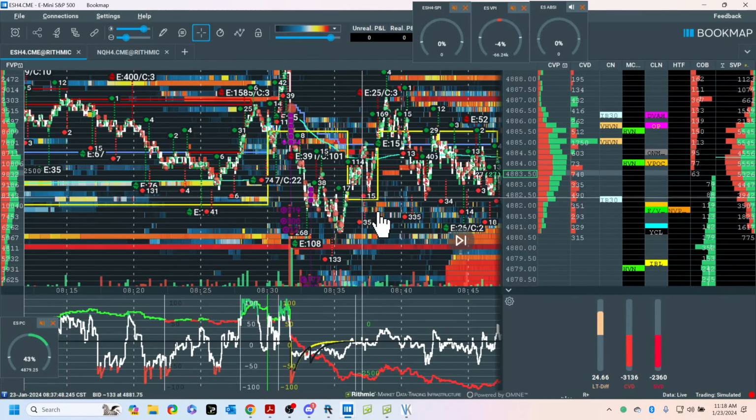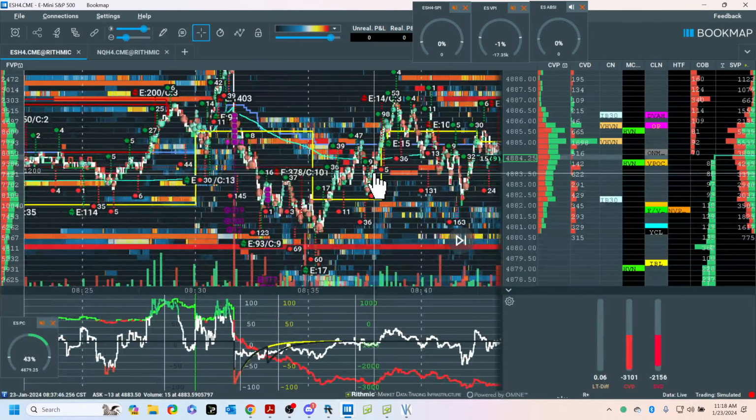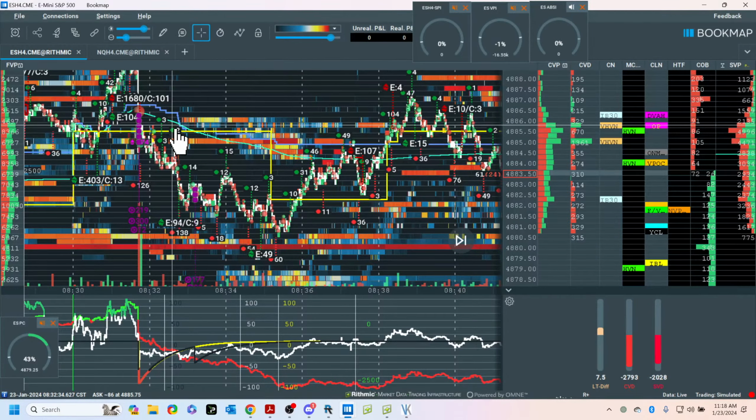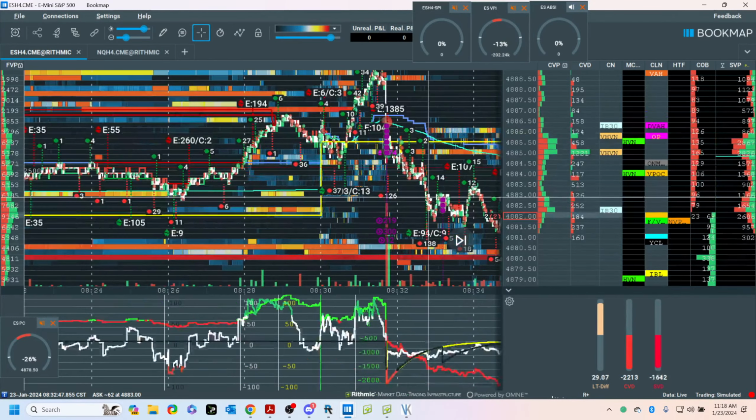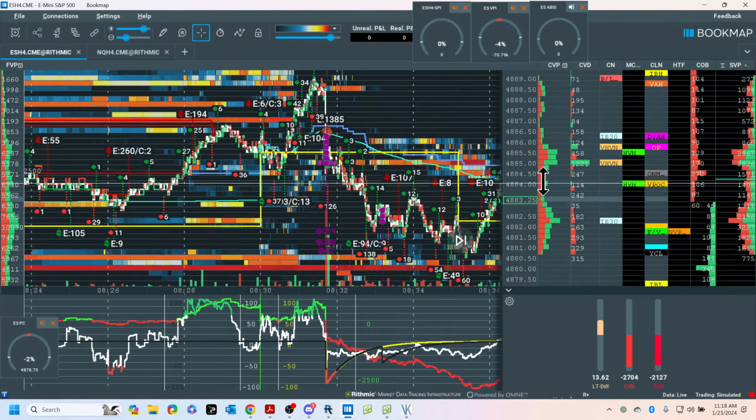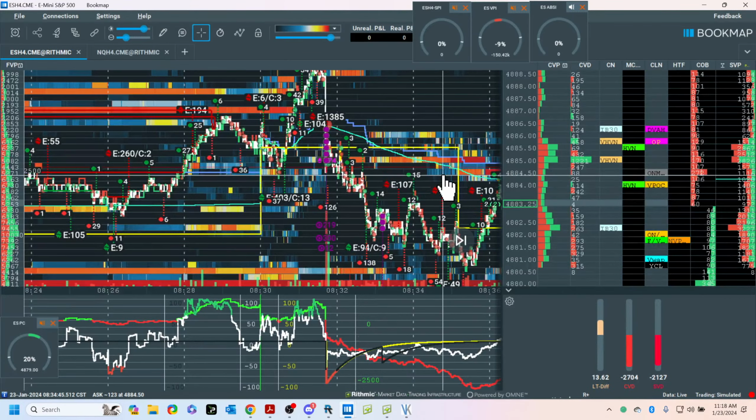Notice where we come. Variable high volume node. So let's come back to the yellow brick road. Right? Short. Down to here. Target. This drops down. Something isn't working right here. I think I have a problem and I can't tell. This is like I've fallen and I can't get up.